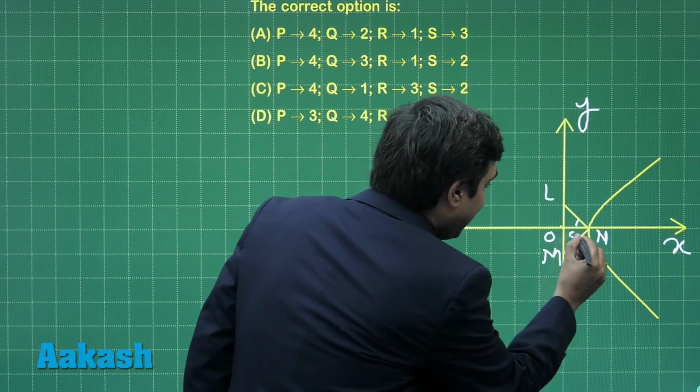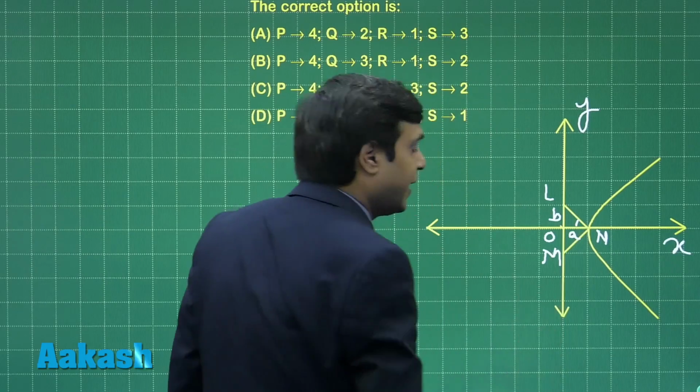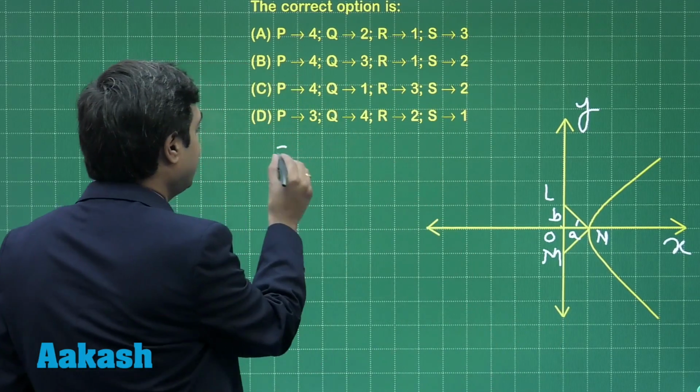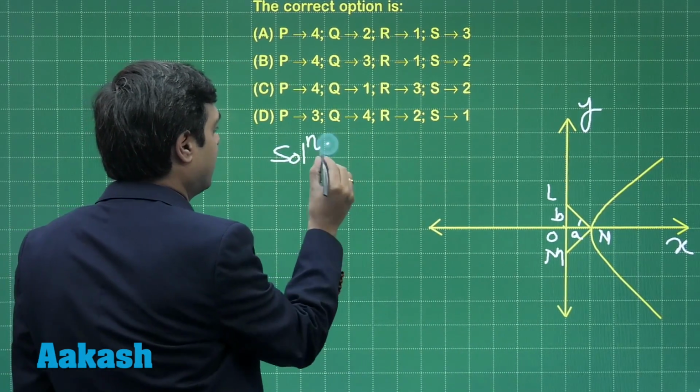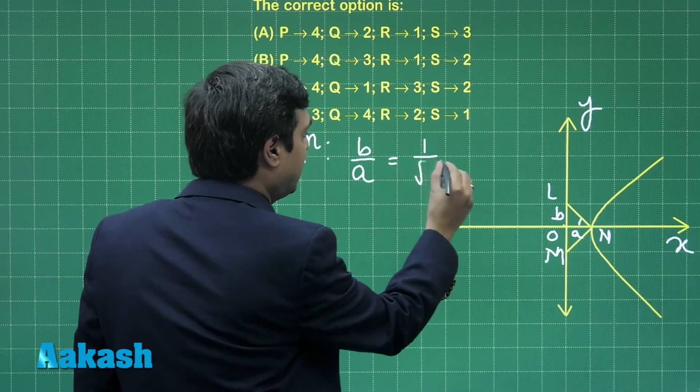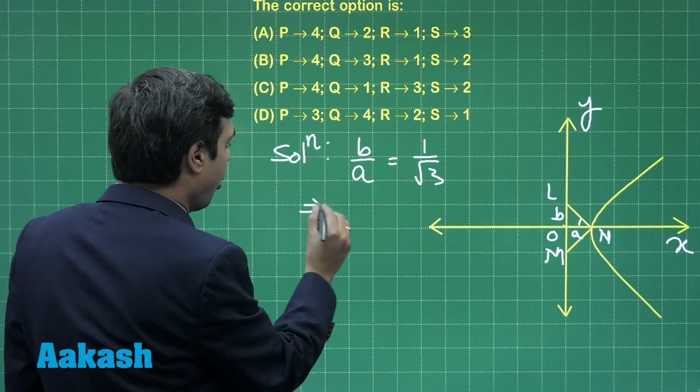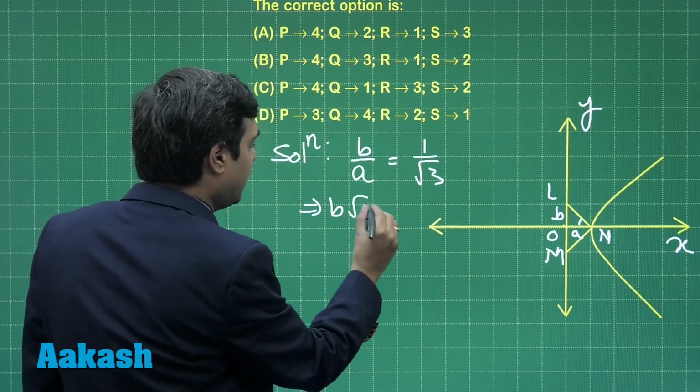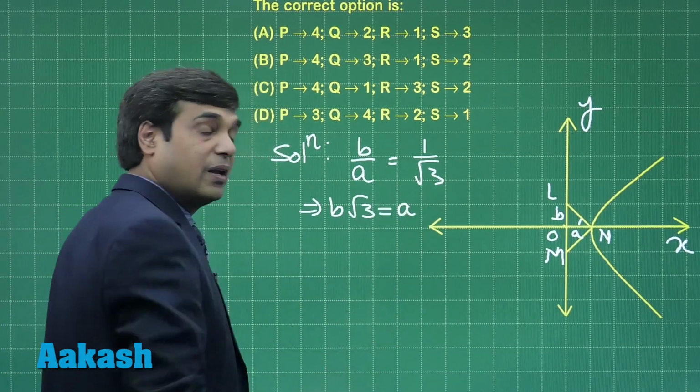This is A length, this one is B length. So, we can simply get the result here: B by A equals tan 30, that is 1 by root 3, or B root 3 equals A, a relation between A and B.